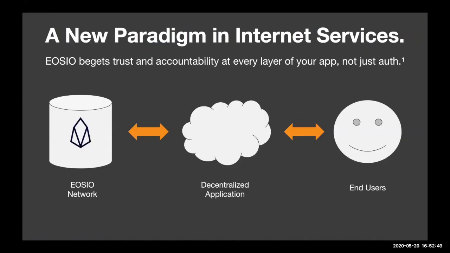So, we're entering a new paradigm in internet services. Basically, EOSIO is the backbone. We need to have these networks. They need to run well, need to get all the bugs out so that good applications can build on top of them and rely on them.